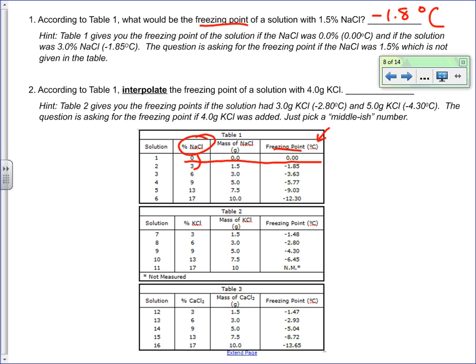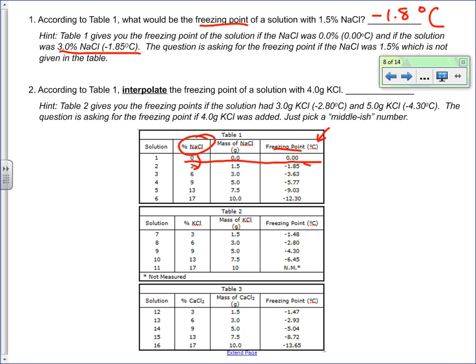What's the freezing point? Now be careful, the only thing is though, negative 1.85 is the freezing point if it were 3%.